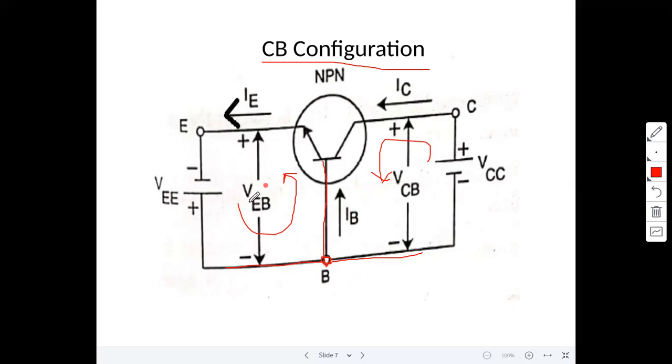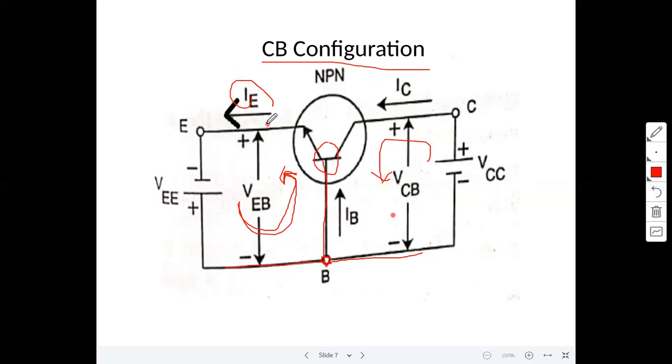Now what is the input current here? Current flows in this direction. Remember, in an NPN transistor, conventional current always flows from collector to emitter. The emitter current IE is equal to IB plus IC. Now we apply KCL at this node: the outgoing emitter current is equal to the sum of IC plus IB.